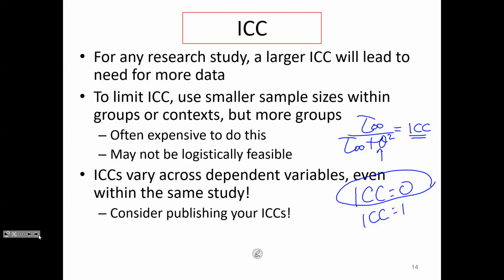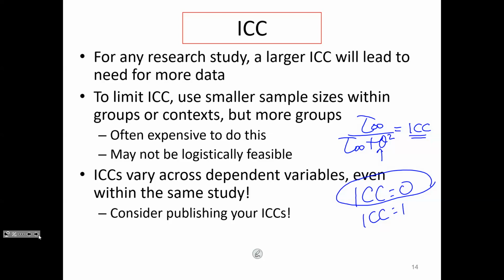The closer the ICC is to 0, the more your sample resembles an independent sample. Each person is contributing maybe not a whole person's worth, but closer to a whole person's worth in terms of size. And the closer your ICC is to 1, the more the observations within a cluster resemble each other, so the less independent information you get from each person or each unit in the cluster.